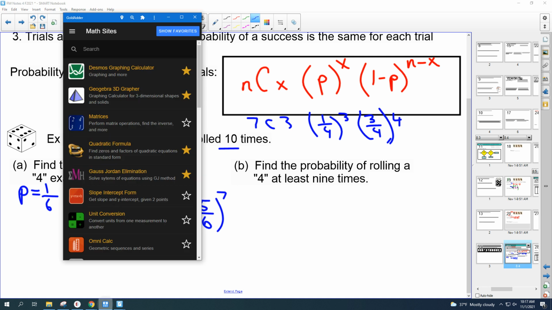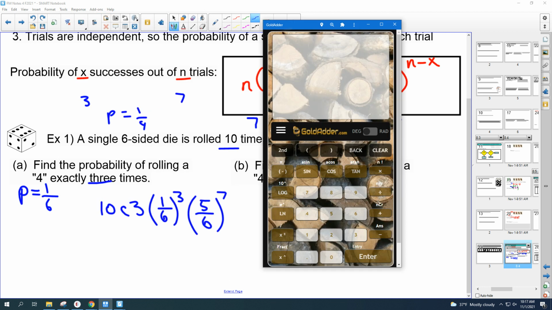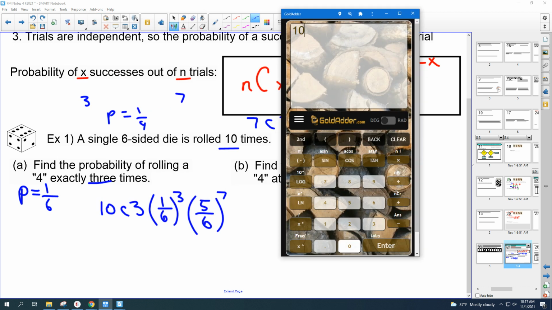You should be able to just type that in on a calculator. Hopefully. Get about 0.1550. I like 4 decimals.